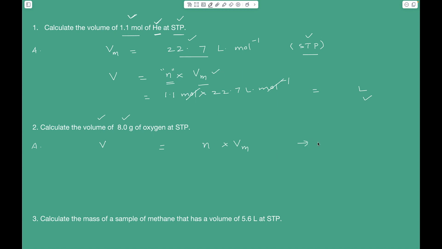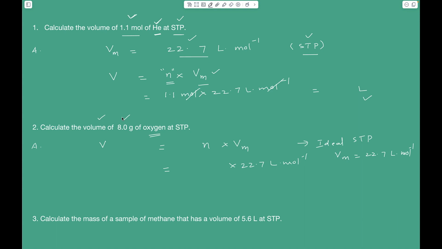For an ideal gas at STP, the molar volume is 22.7 liter per mole. You must know this. So, to get the volume of this sample at STP, you have to multiply 22.7 liter per mole with the amount of substance. Remember, we treat oxygen as an ideal gas.